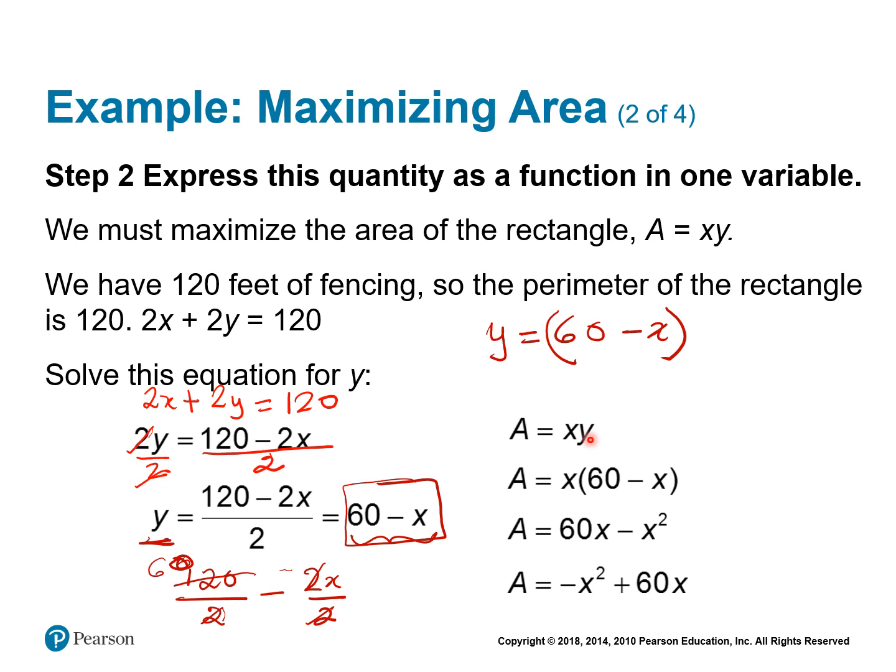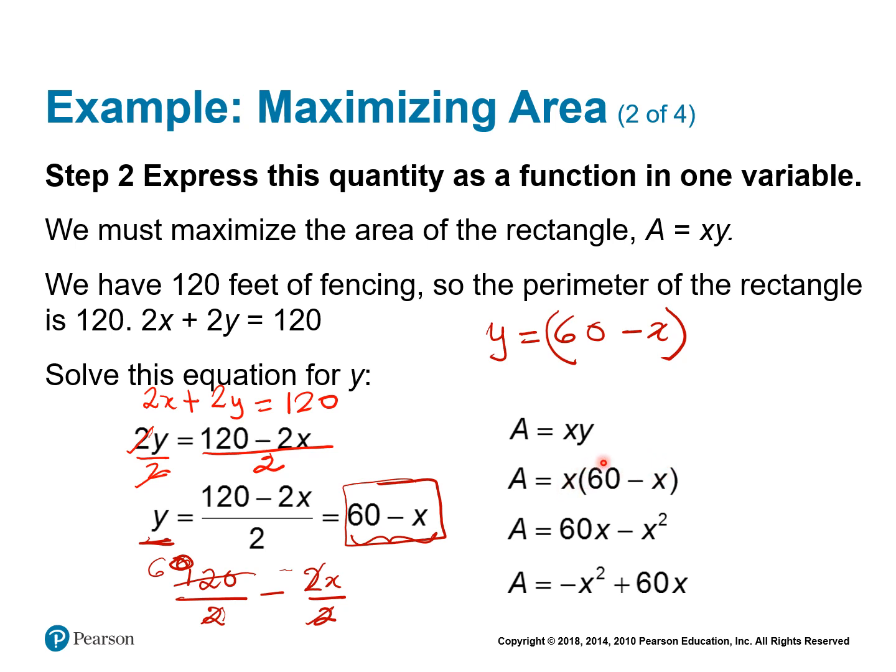In x times y, we substitute 60 minus x in place of y and come up with an expression in terms of just the x variable. See what they did here. They replaced y with 60 minus x. Please use your brackets because 60 minus x is for y. And then they distributed x to everything within the bracket.